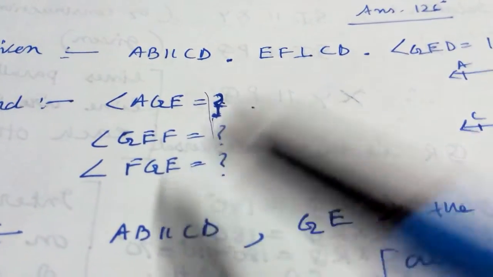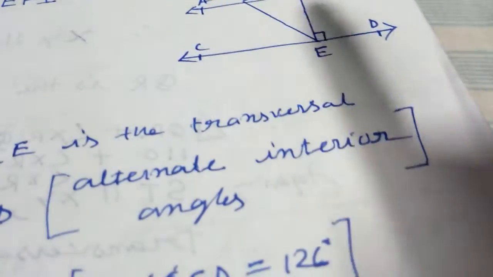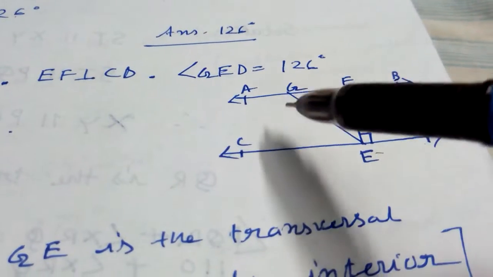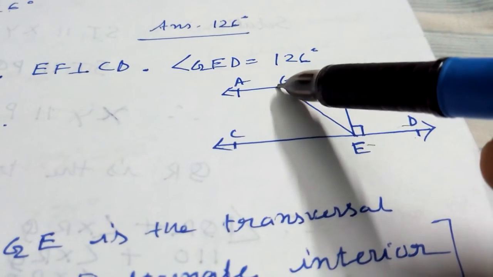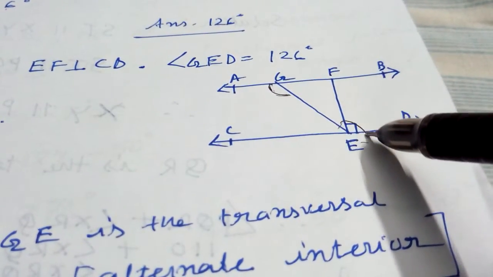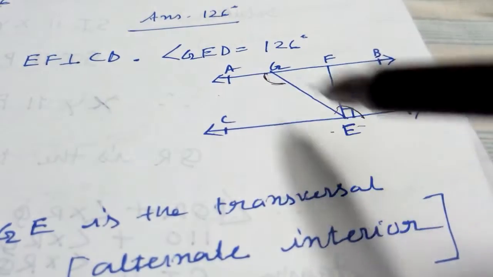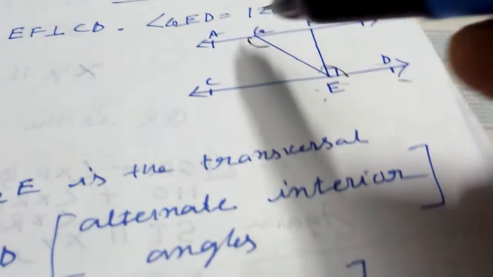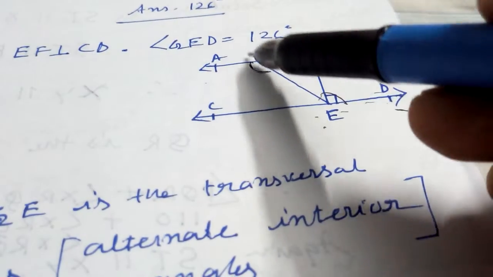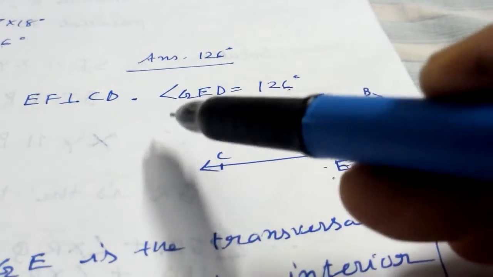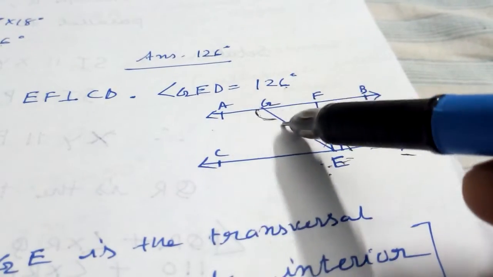Now you see this, AB is parallel to CD and ZE is the transversal. Therefore, AZE is equal to ZED. Given that ZED is 126 degrees, AZE is also 126.